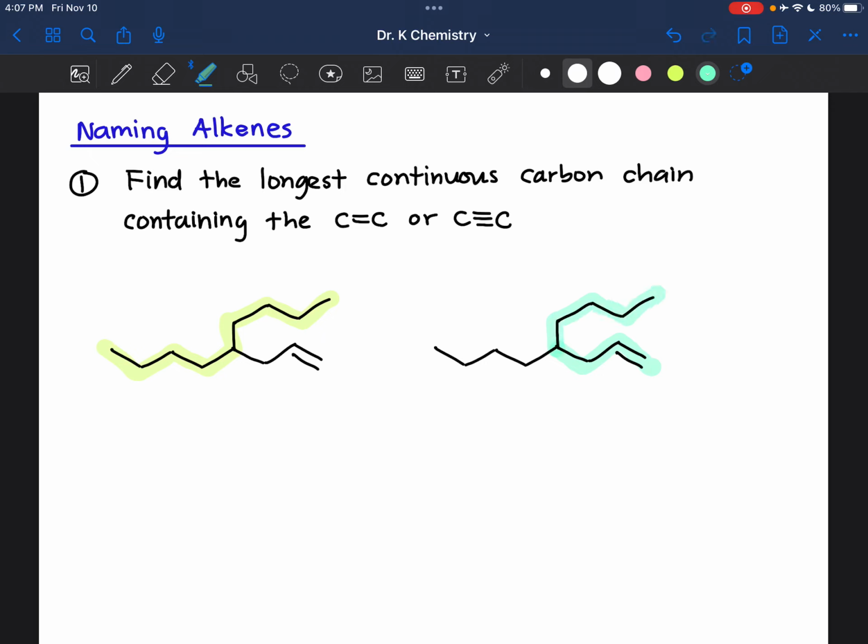In this case, it doesn't matter whether I go to the left or whether I go up, because in either case, I'm going to be generating a chain that contains 8 carbons. So keep in mind, with alkenes and alkynes, we want the longest chain that contains the carbon-carbon double bond or carbon-carbon triple bond, even at the expense of a longer chain. So we don't want the version on the left, even though it's longer, because it doesn't contain the alkene.